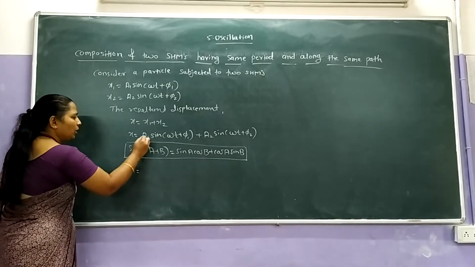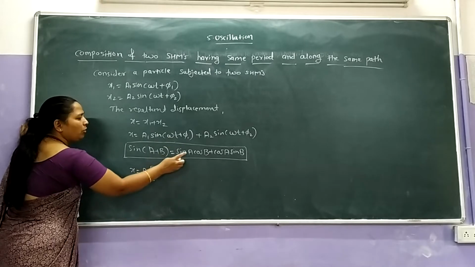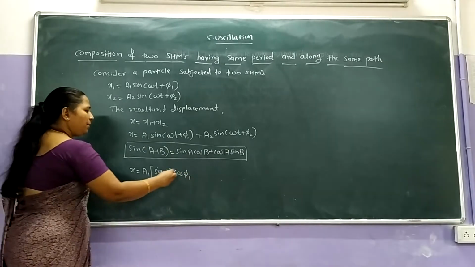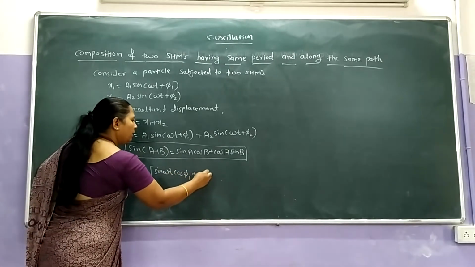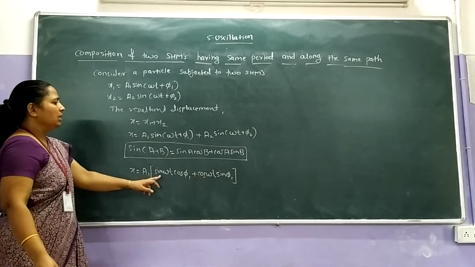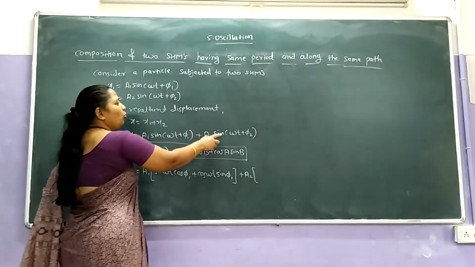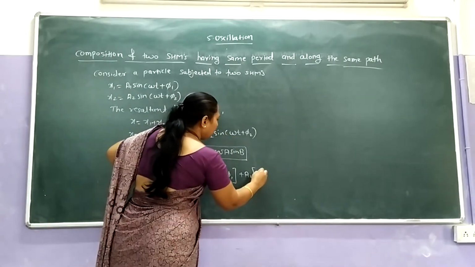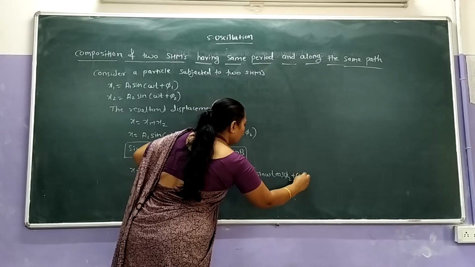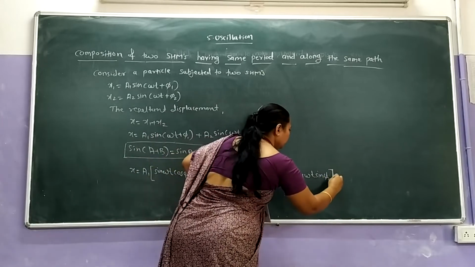Therefore, x is equal to a1 times the expanded term using that formula, sine omega t cos phi 1 plus cos omega t sine phi 1, plus a2 times the expansion of sine of omega t plus phi 2, that is a2 sine omega t cos phi 2 plus cos omega t sin phi 2.